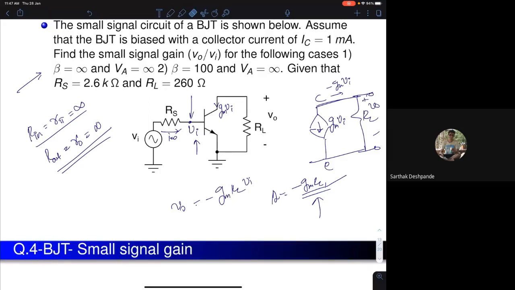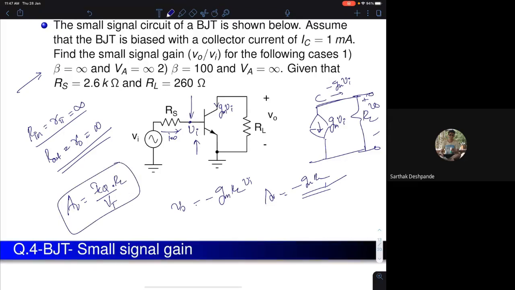Now, if you see in this example, AV is minus GM RL. Now take AV, GM is nothing but ICQ upon VT into RL. Now look at this circuit. Because R naught is infinity, if I ask you what is the intrinsic gain of the circuit, what will it be?